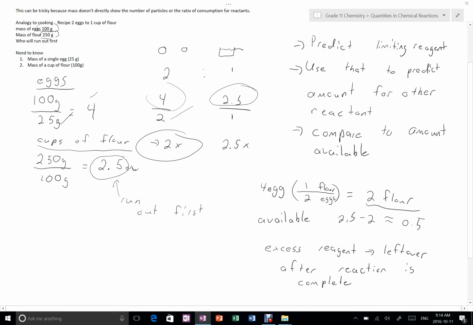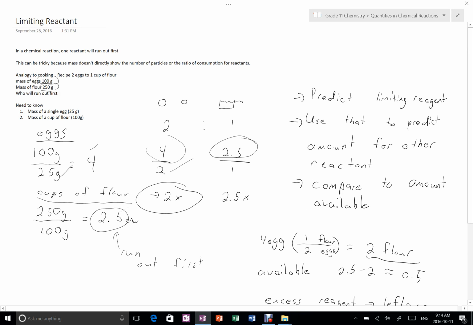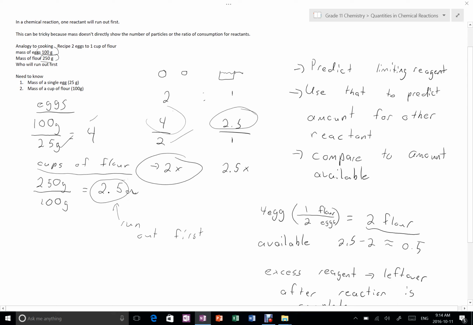And the excess reagent is the reactant that's left over when the reaction is complete. So that's my analogy to cooking. We have to take into account the mass of an individual and the ratio in which they're used, whether we do it this way or this way.